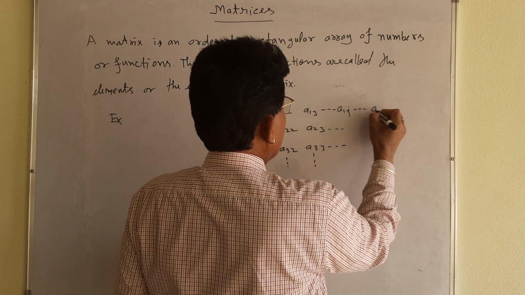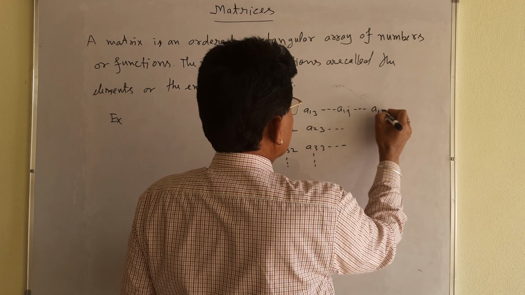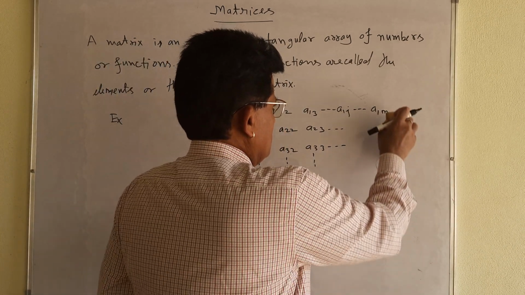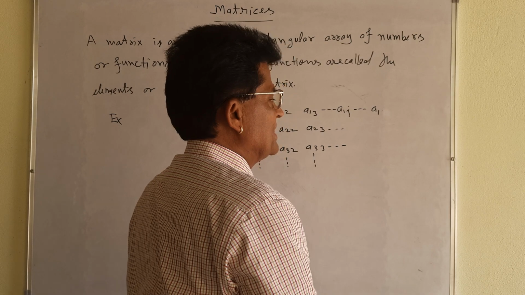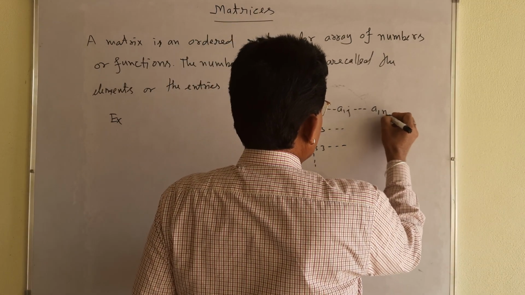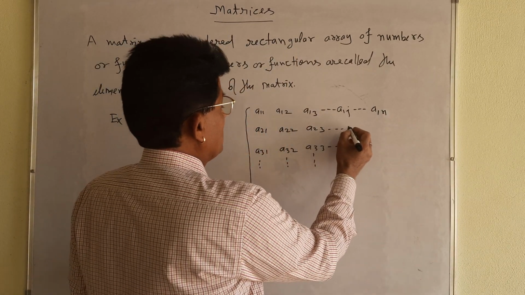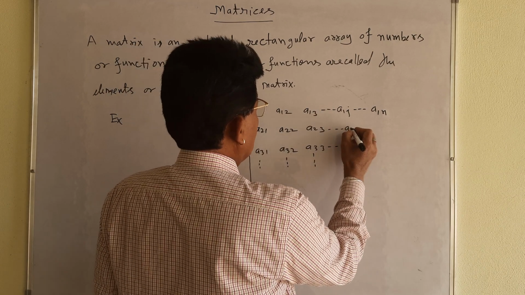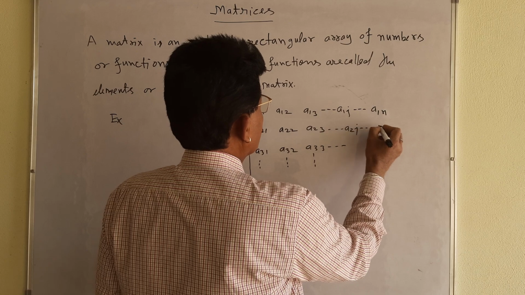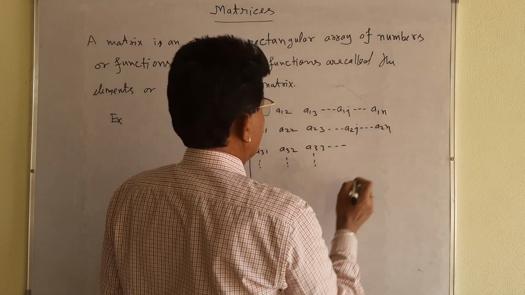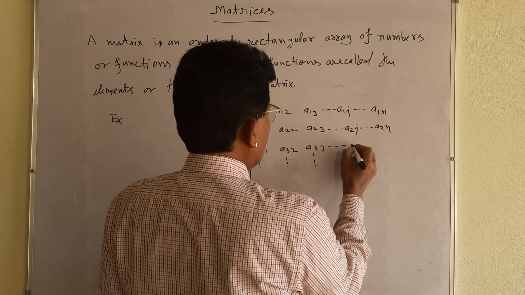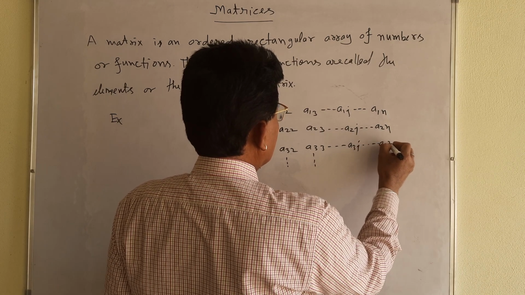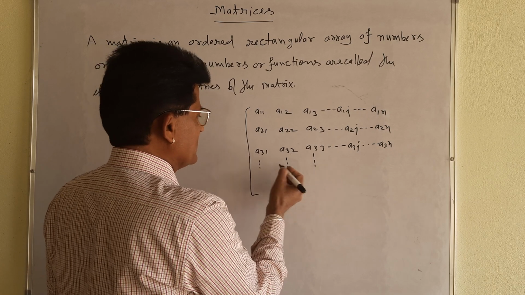Once again, you take A1n, because rows will be denoted by m and columns will be denoted by n. Similarly, here you can take A2j, and here also A2n. Similarly, over here A3j, dot dot dot, A3n. Now let me take these entries.